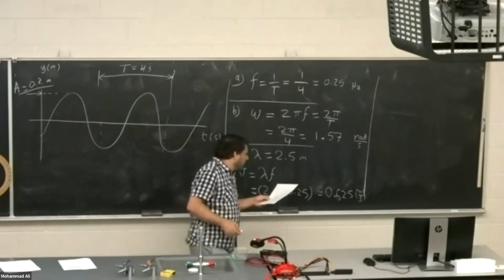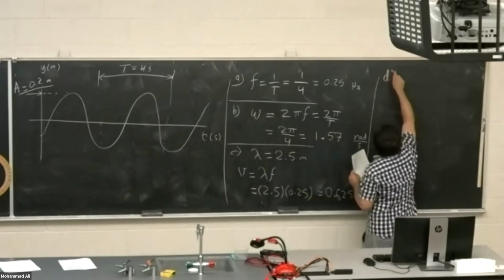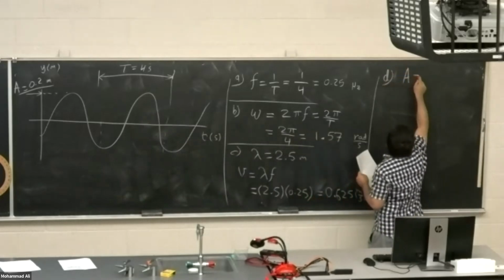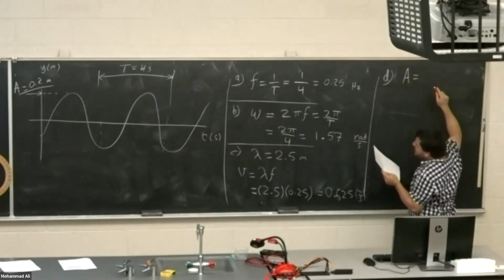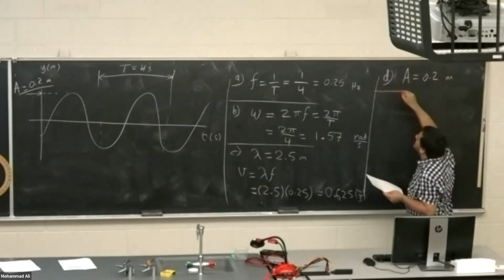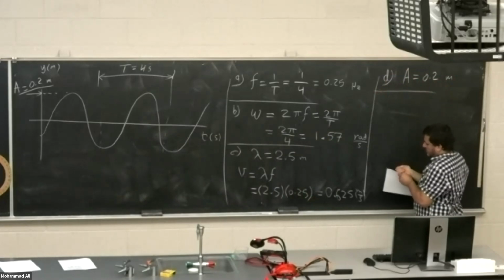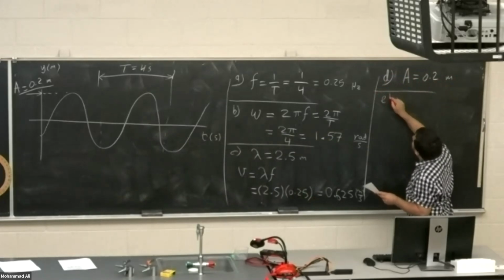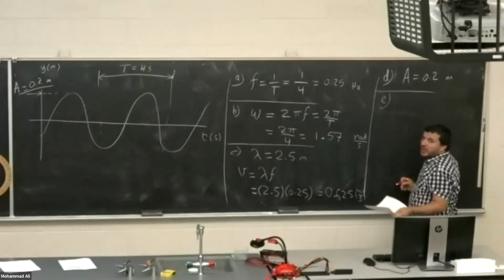Okay, what else? Now we have D, the amplitude. The amplitude A is given from the graph, which is how much? 0.2 meters or 20 centimeters. What else? E, the position, velocity, acceleration relations.